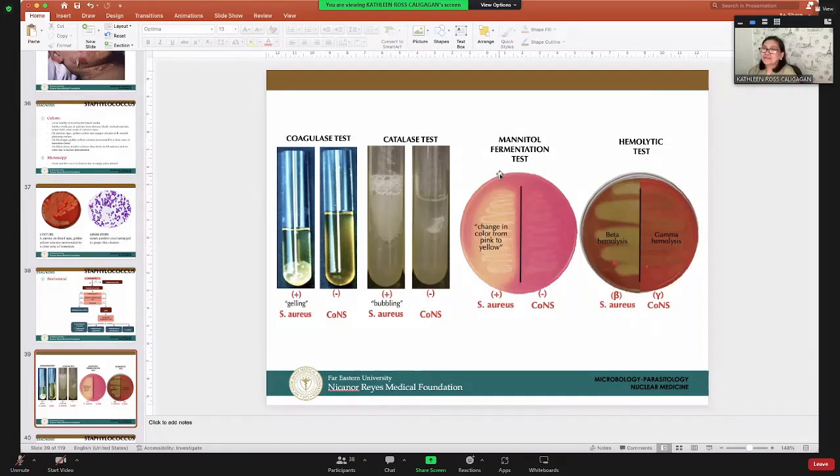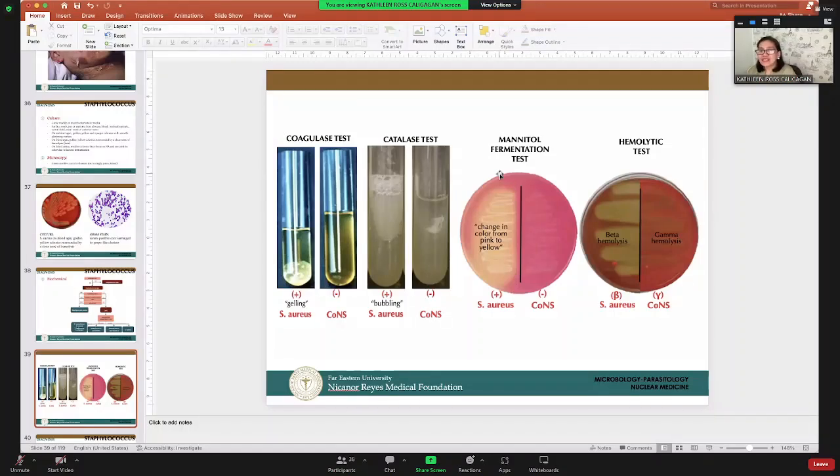Again, as an enriched medium, this will support growth of all gram-positive while inhibiting gram-negative. So all gram-positive will grow on mannitol salt agar.